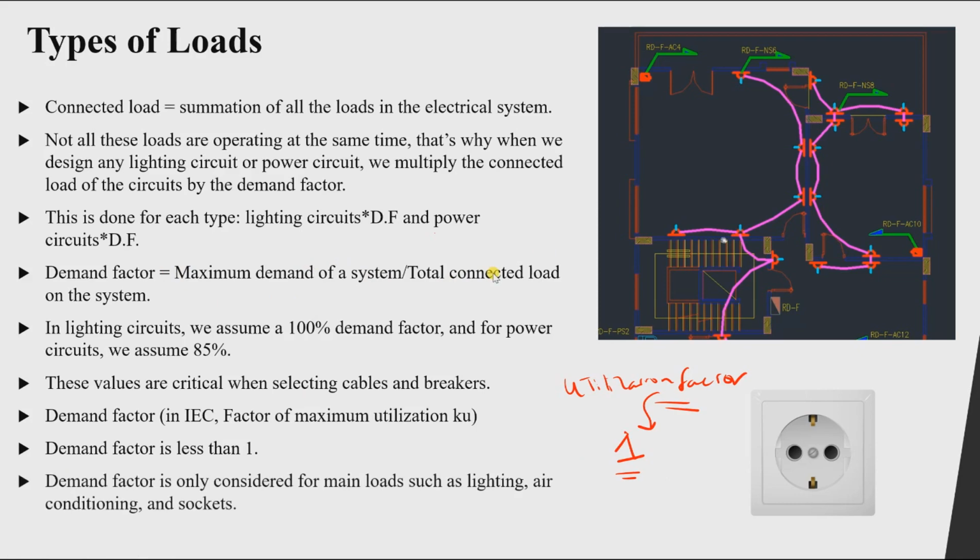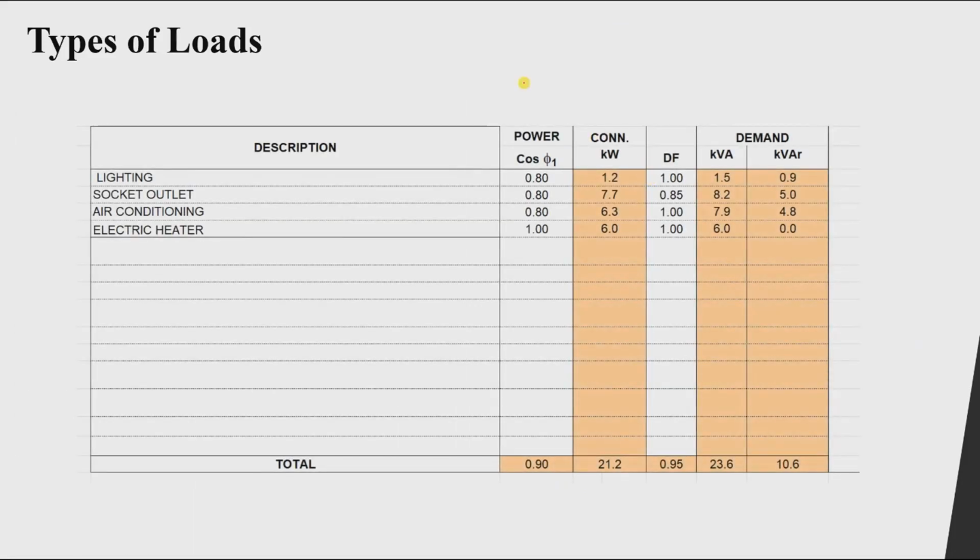Now what I have just said is that this demand factor is considered for main loads such as lighting, air conditioning, and sockets. That's why you will find in the panel schedule that we will learn in the course that I select lighting as 100%, air conditioning as 100%, and sockets as 85%. So we have here lighting.